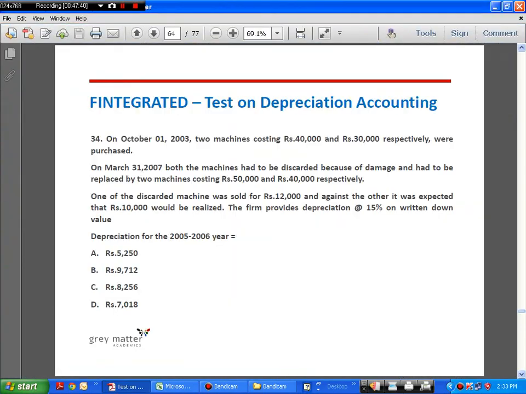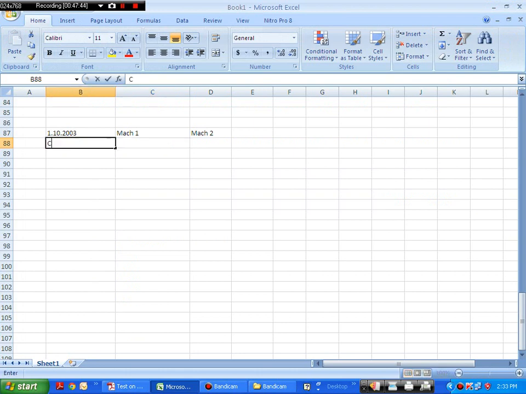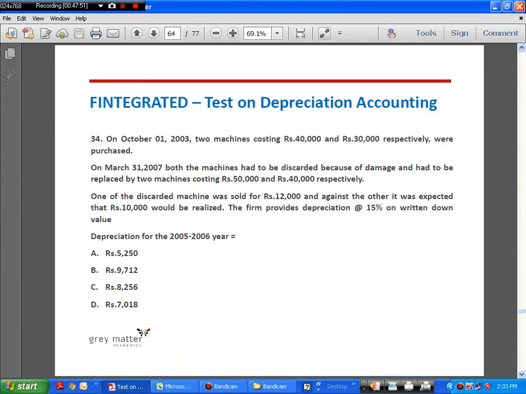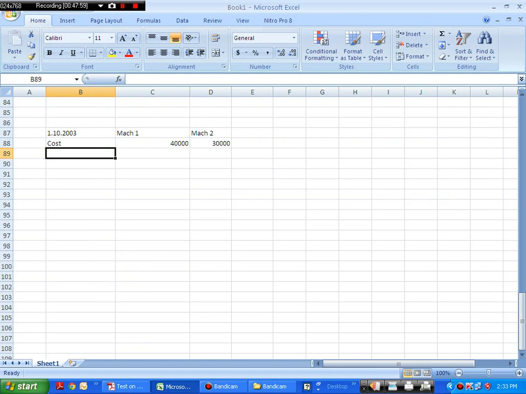Okay, and the cost of the machines is 40,000 and 30,000. Right, so next we are required to find out depreciation for the year FY 2005-2006.